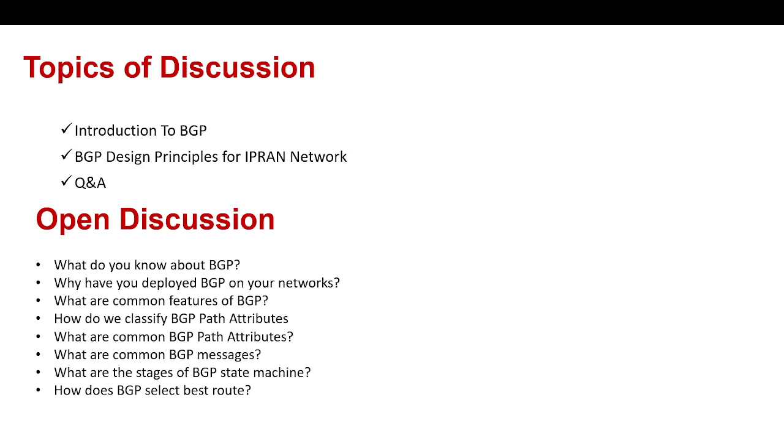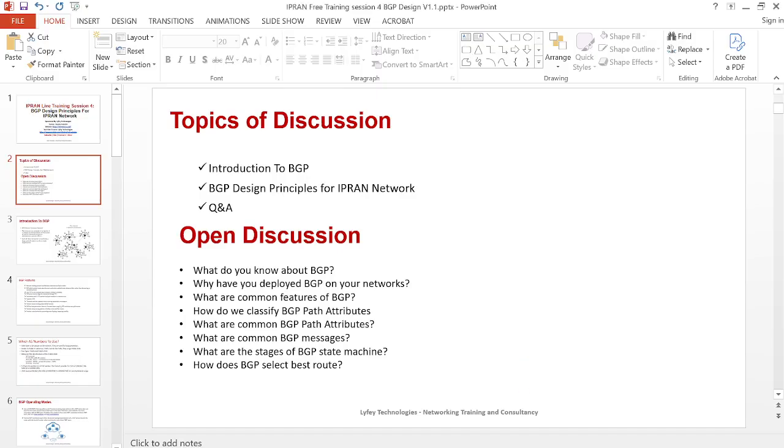Okay, it's Kasim here from Tanzania. So, in short, BGP is a protocol for the internet. BGP is used to connect different carriers over the internet. BGP uses the concept of AS numbers, in which every carrier will have an AS number.